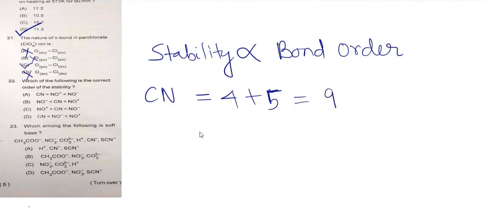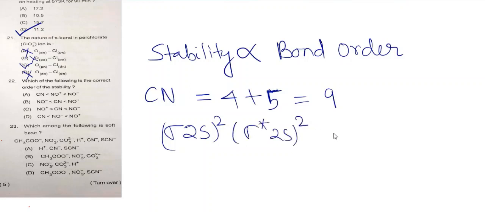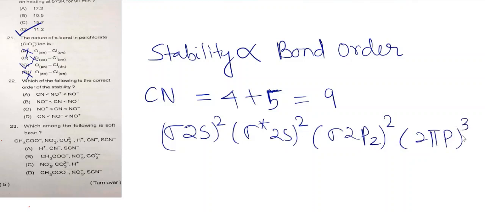When I put it in a molecular orbital configuration, what will I get? I will exclude the ground state 1s orbital and start from 2s. Sigma 2s2, sigma star 2s2, then sigma 2pz2, then pi 2p3.